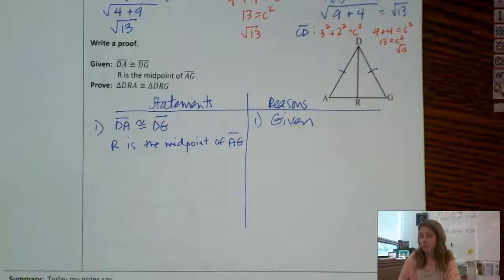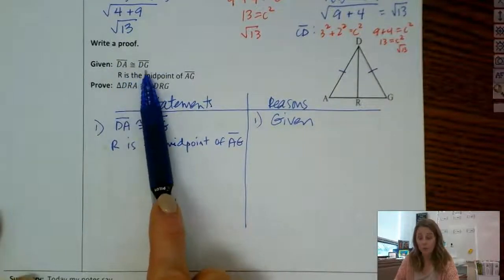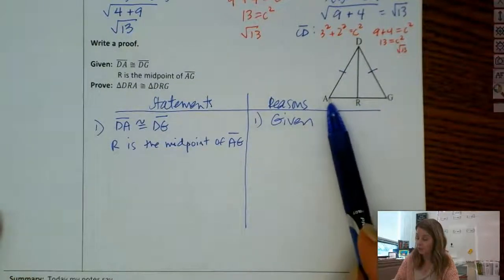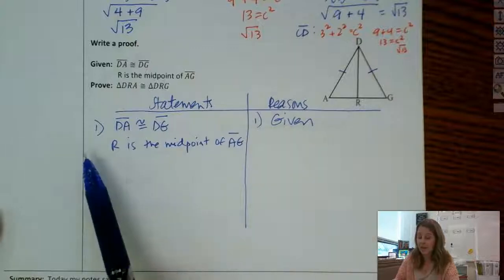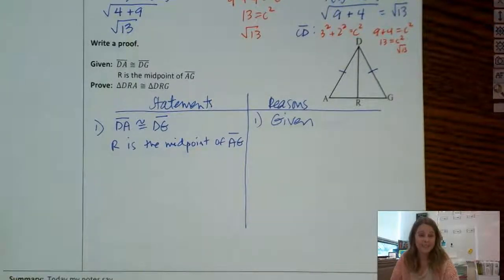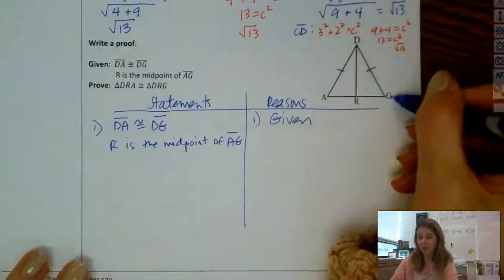Okay, so we're going to start with our givens. Can't do a whole lot more with a segment congruent to a segment. But if R is the midpoint of AG, so point R is the midpoint of this whole segment, I can create a second line off of that. So what does the midpoint mean with respect to a whole segment? Well, it means that it cuts AG in half.